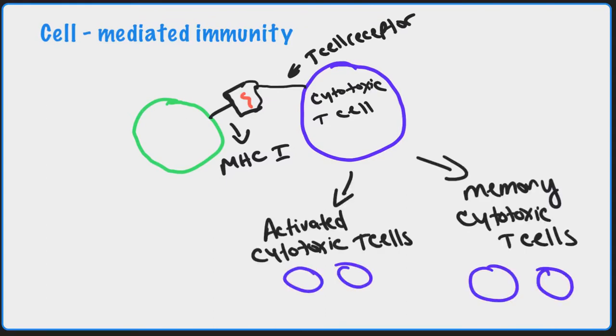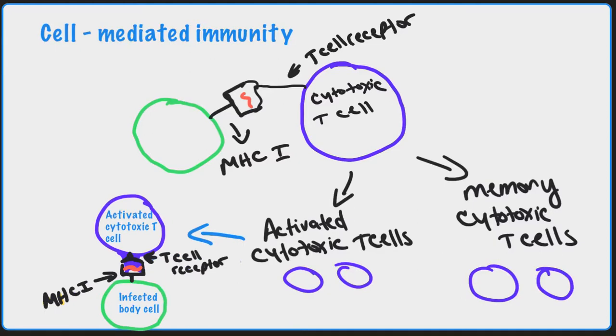The activated cytotoxic T cells can then go and recognize other body cells that have this MHC1 antigen complex on it, and then it can bind to those, and now because it's activated, it can actually release substances that induce apoptosis of the infected cell.